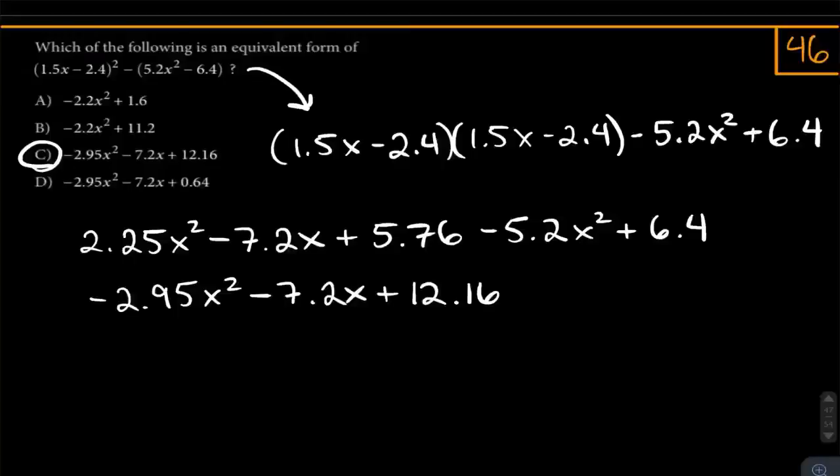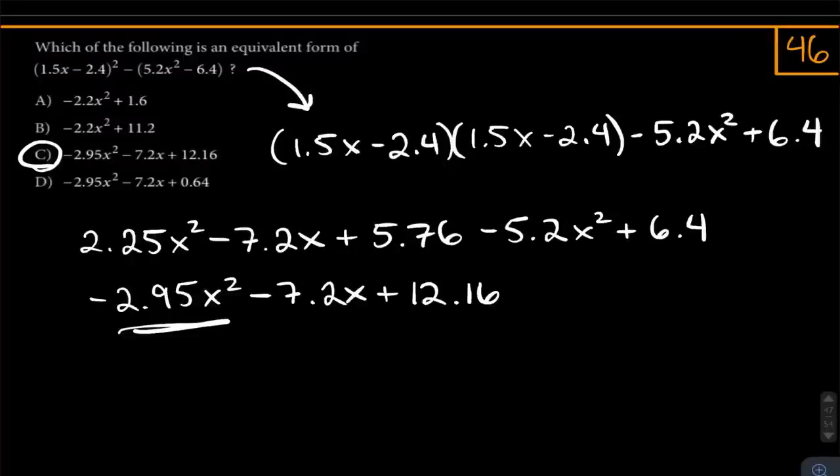But notice how that problem just took us like a couple minutes, right? We probably should be doing, I mean, I don't want to worry you or anything, but we could do this problem a little bit faster, okay? And how we could do that is by just looking at our answers here and being like, all we really have to do is find what the first bit is, by just multiplying 1.5 by itself and then subtracting 5.2.